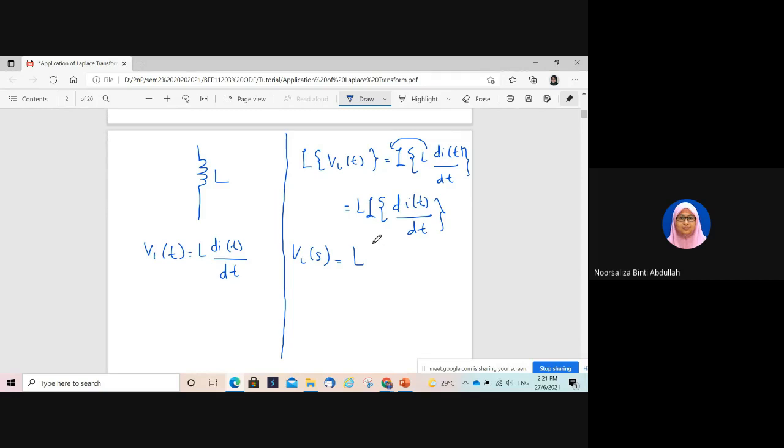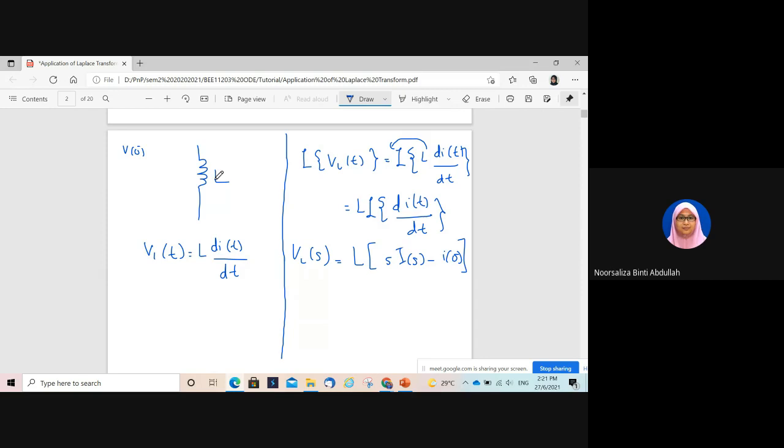You Laplace, you will get sI(s) minus i(0). In this case, for the circuit, we have the initial condition, either i(0-) or v(0-). This one for the capacitor, this one for the inductor.